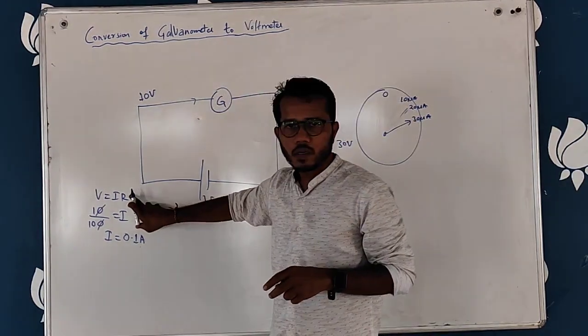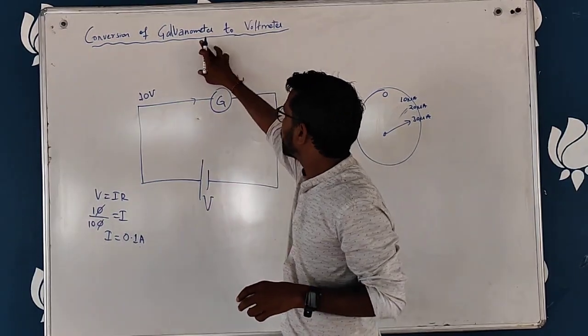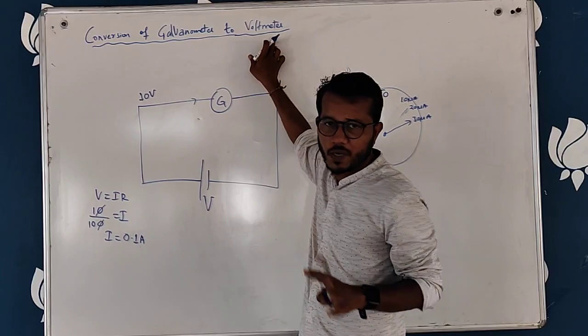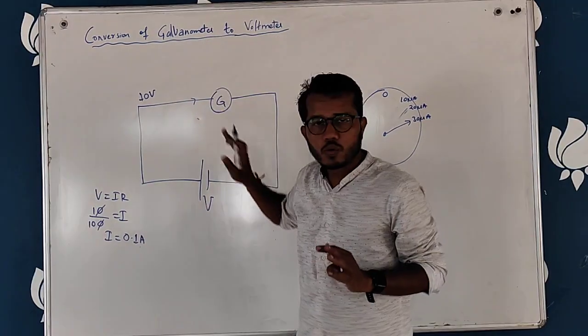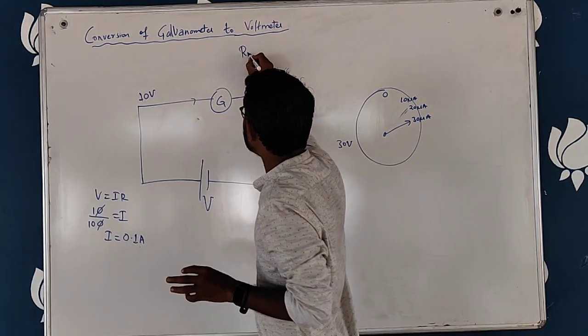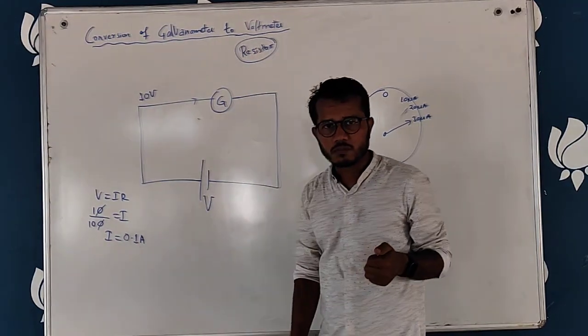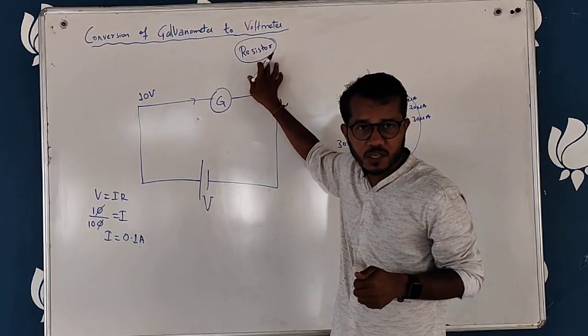So we need to connect a resistor to convert this galvanometer into a voltmeter. Now the question comes, where to connect this resistor.